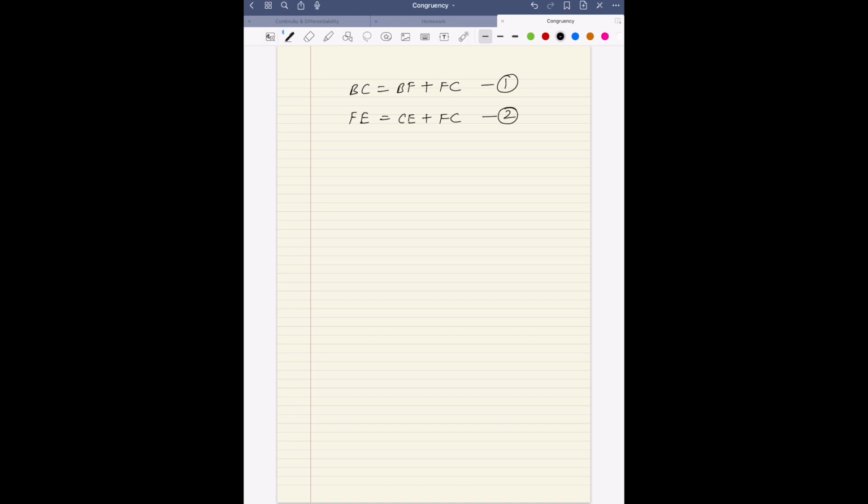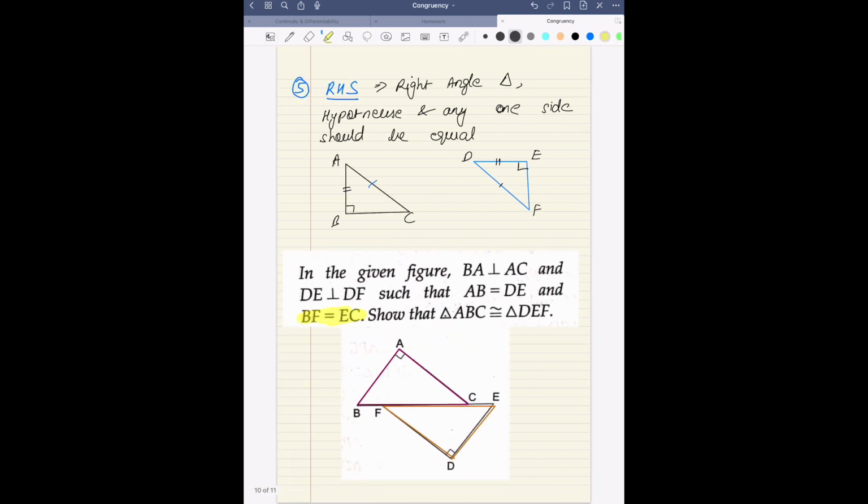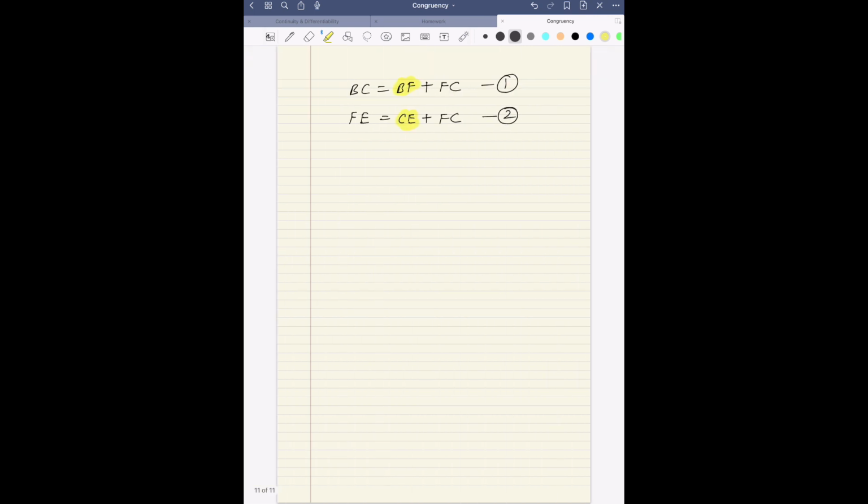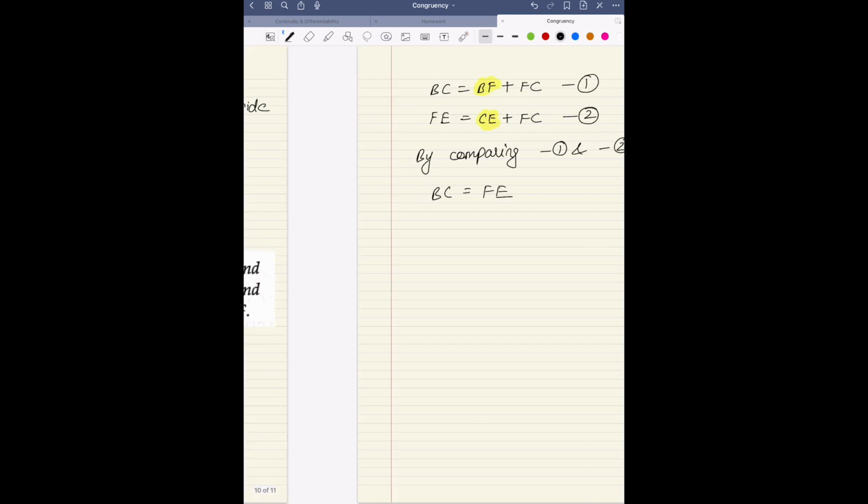You can clearly see that BF and CE are equal, it's already given. So by comparing equation 1 and 2, BC is equal to FE, right? I hope it's clear. FC are already equal, BF and CE are already equal, hence BC and FE will be equal.